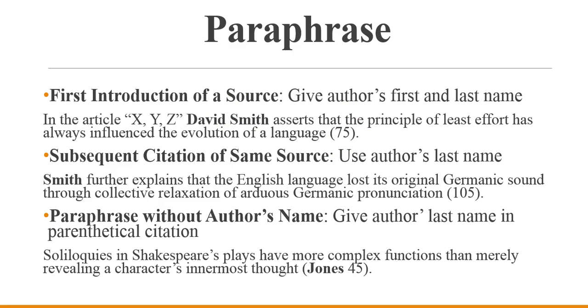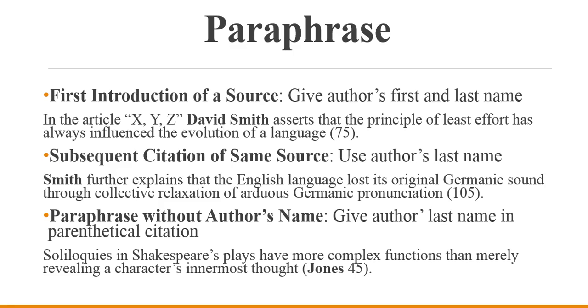Okay, and now let's look at this example that has the author's last name in the parenthetical citation, and let's see what the in-text citation sounds like and why we need the author's last name here. The example is: Soliloquies in Shakespeare plays have more complex functions than merely revealing a character's innermost thought. All right, so this idea about the importance of soliloquies in Shakespeare plays is not the essay writer's own idea.